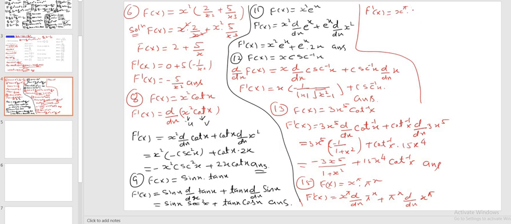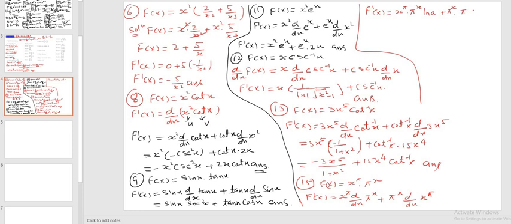So pi power x into ln of pi, plus pi power x, and d dx of x power pi, in place of n it is pi.